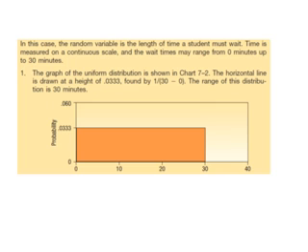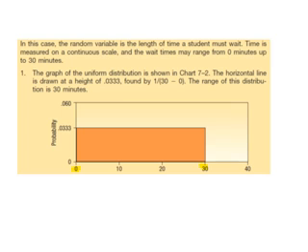We begin with 0 up to 30. In this case, the random variable is the length of time, so the time is measured on a continuous scale, and the wait times may range from 0 up to 30 minutes. The graph is like this.